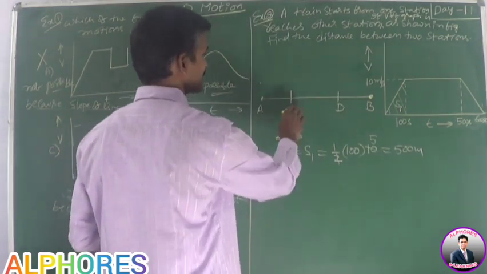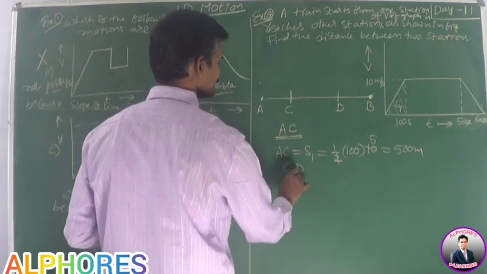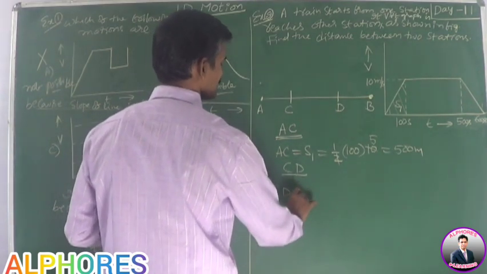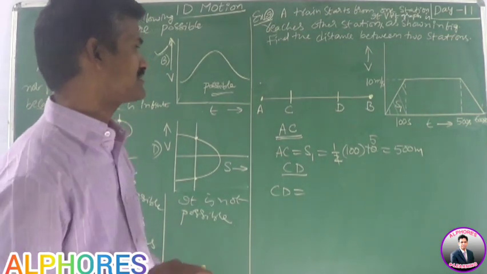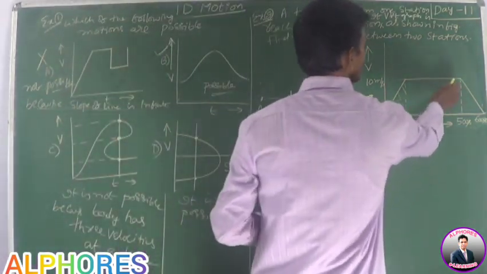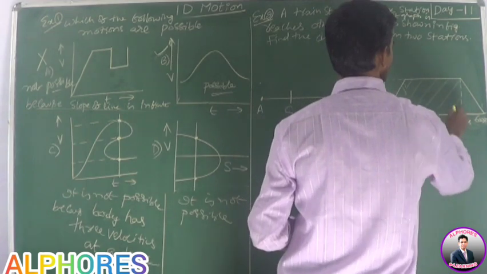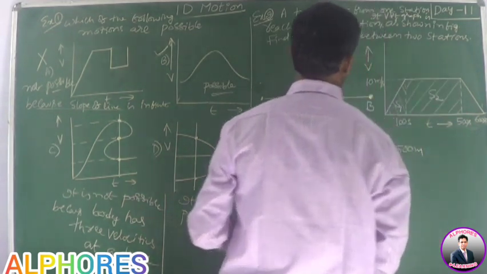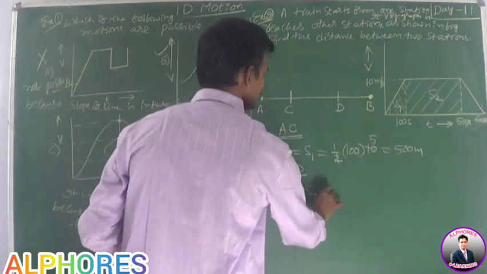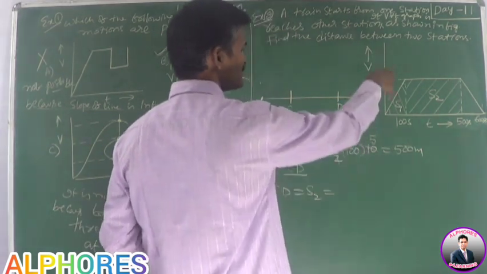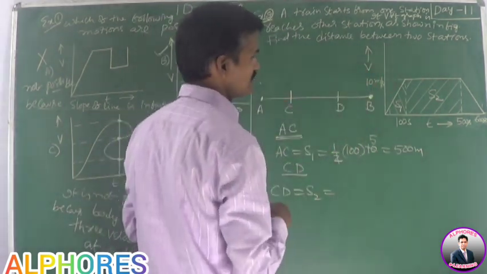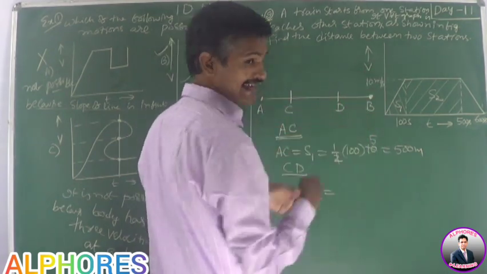Similarly, we can calculate CD. In this length CD, the body travels with a uniform velocity. This displacement we can call S2. S2 is given by the area under that particular graph, a rectangle.